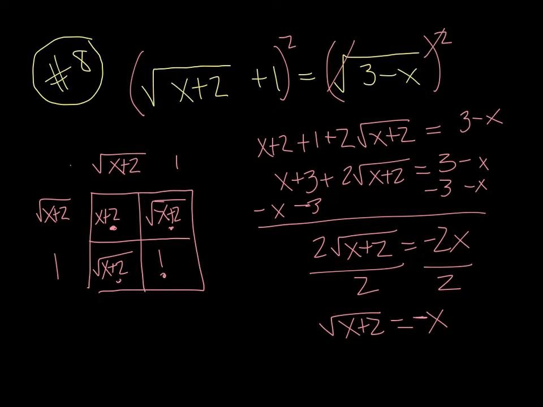Alright, so now that the one radical is isolated on one side by itself, we need to undo it by squaring both sides. So this becomes just x plus 2. Negative x times negative x is x squared.